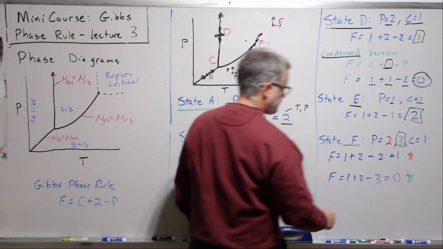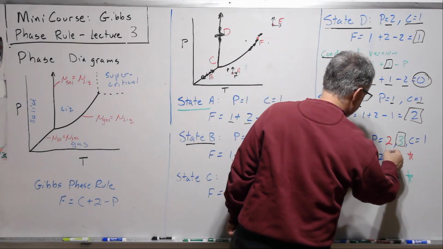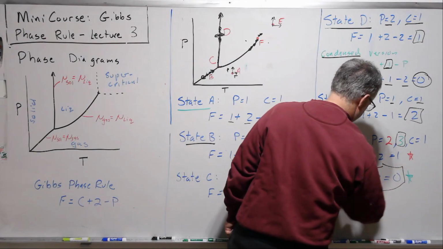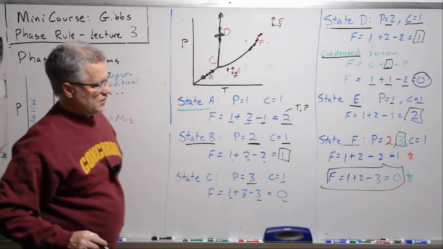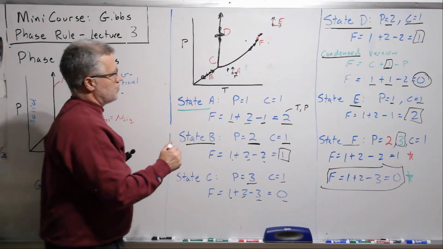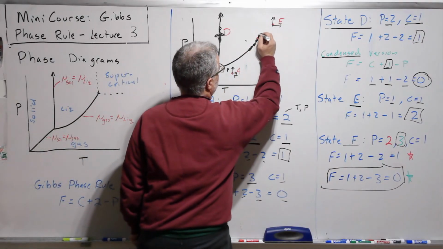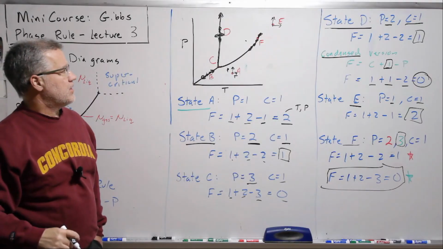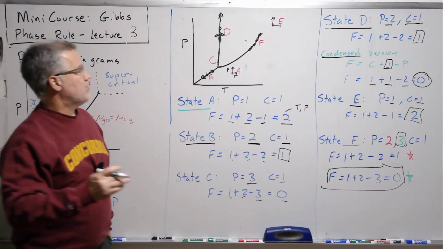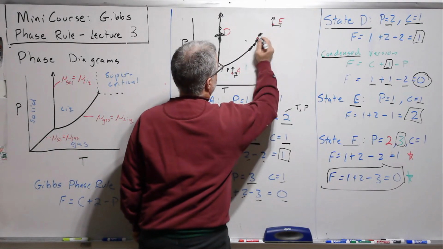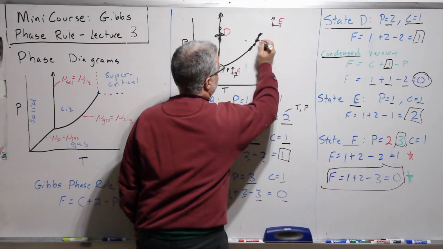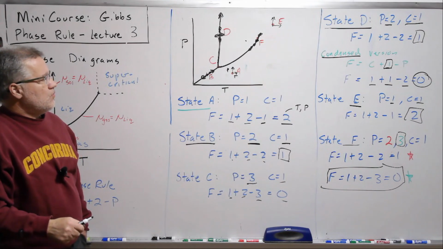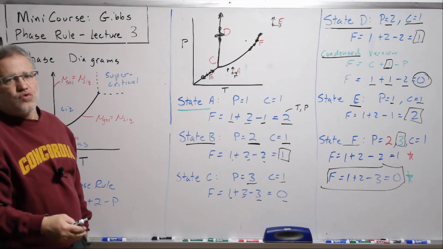So technically we really should have this. Now, what does this mean? How do we interpret this? If we go off this way, we become supercritical. There is no liquid-gas equilibria. Two phases there. If we go this way, there still are 2 phases, but we are now no longer at the critical point.